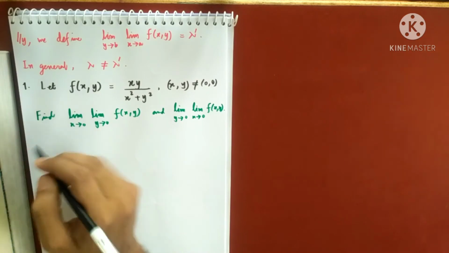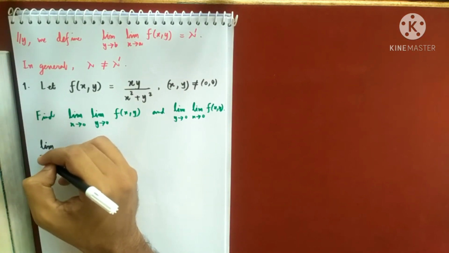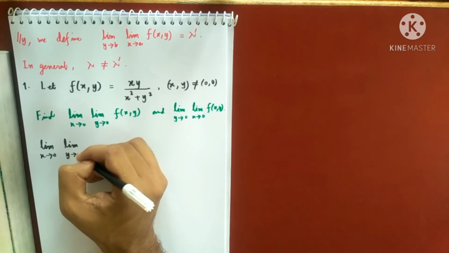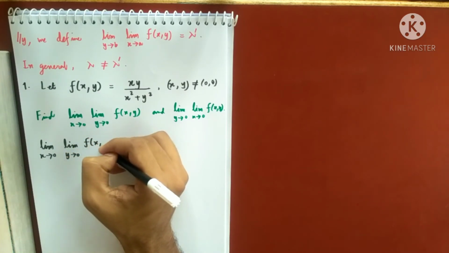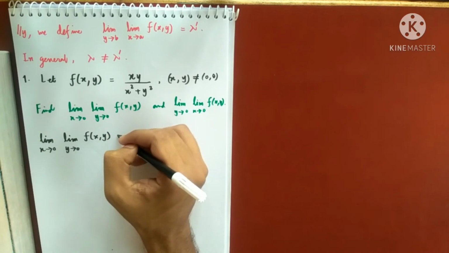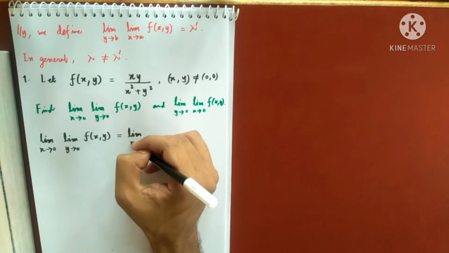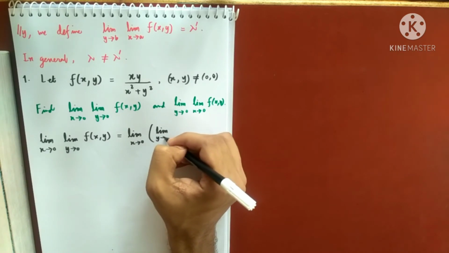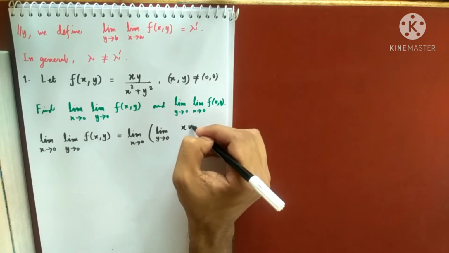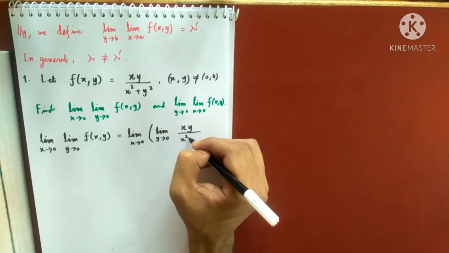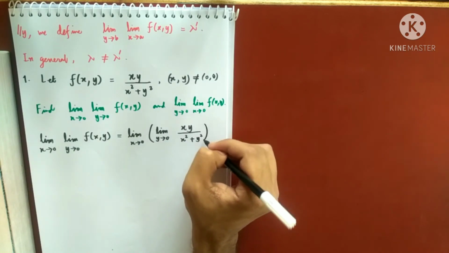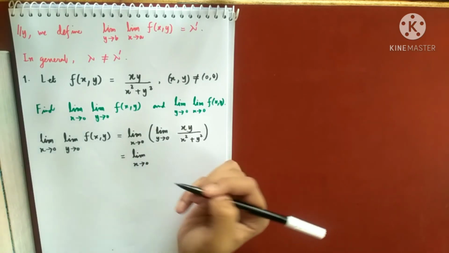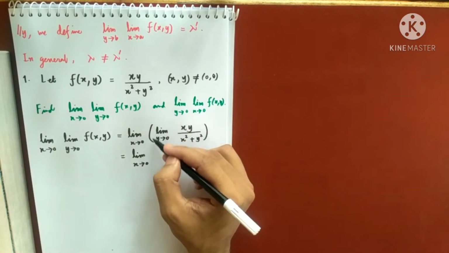Very easy. Limit x tends to 0, limit y tends to 0, f of x comma y. I will first evaluate the inner limit, limit y tends to 0 of xy by x square plus y square. Keep in mind that x is a constant while evaluating this limit.